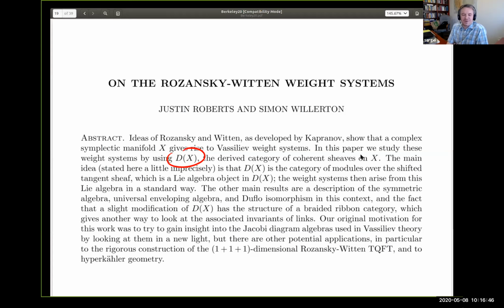In the original paper, Rozansky and Witten described in great detail what this TQFT, or invariants to be more precise, of closed three-manifolds and surfaces of codimension 2 are. They tell you the Hilbert space in this three-dimensional theory, and they tell you numerical invariants. But they didn't look at the categories, which is a natural question. And then some people tried to fill this gap, basically.